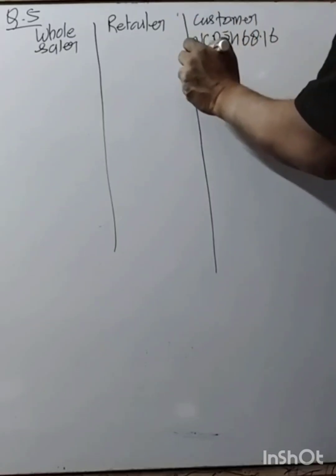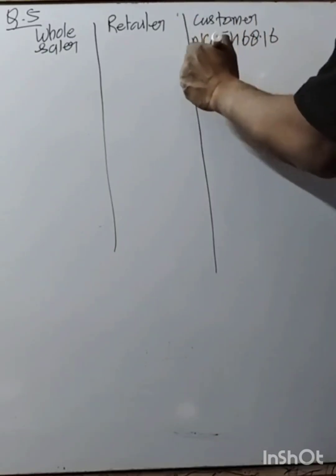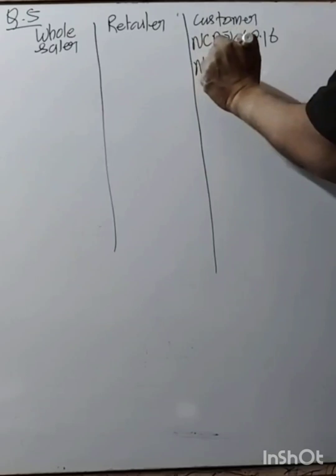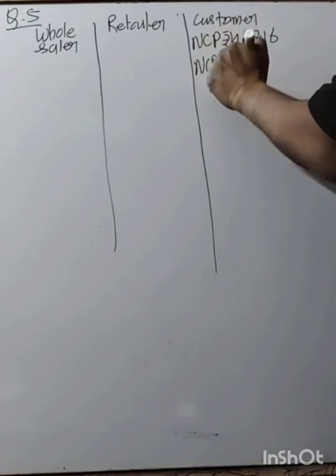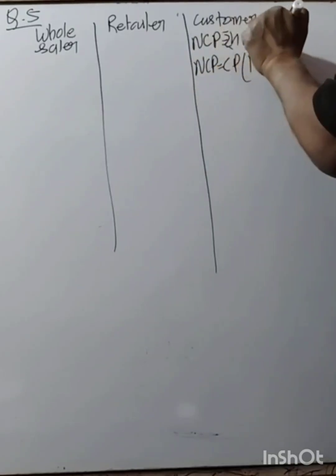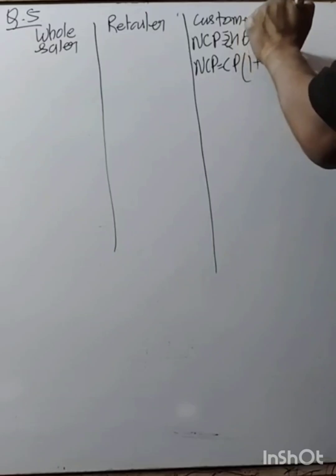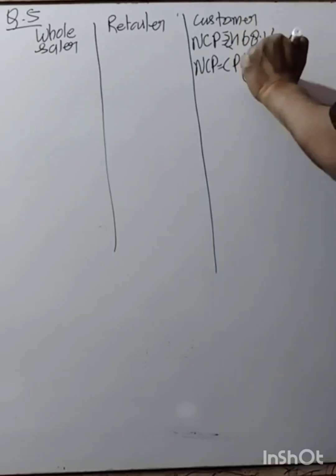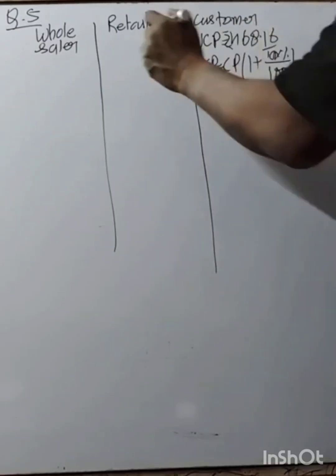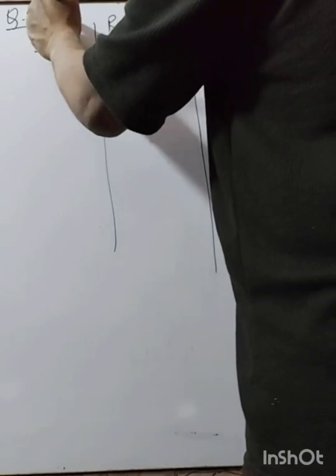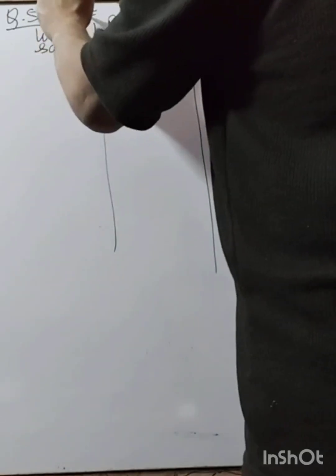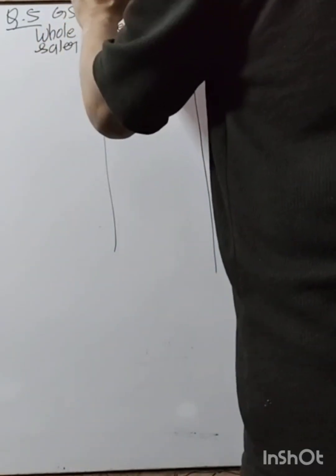Right? So net CP is equal to CP times bracket 1 plus tax percent upon 100, and GST is equal to 12%.